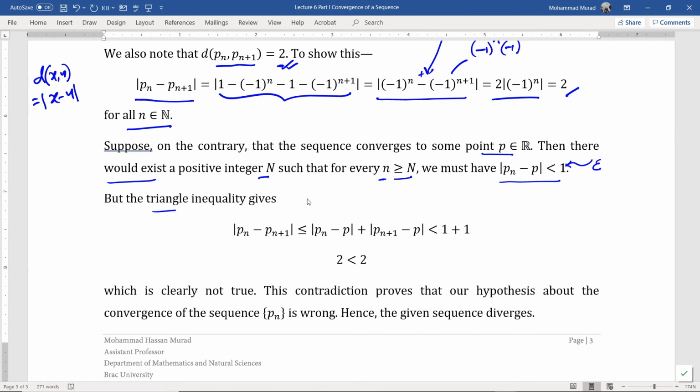But the triangle inequality gives the absolute value of p sub n minus p sub n plus 1 is smaller or equal to the absolute value of p sub n minus p plus the absolute value of p sub n plus 1 minus p. This inequality is obtained from the triangle inequality.